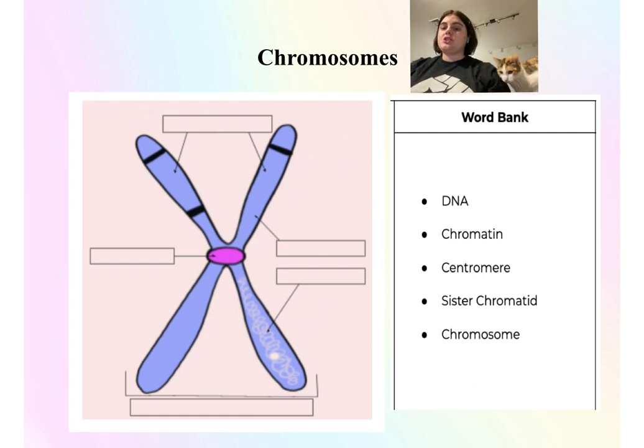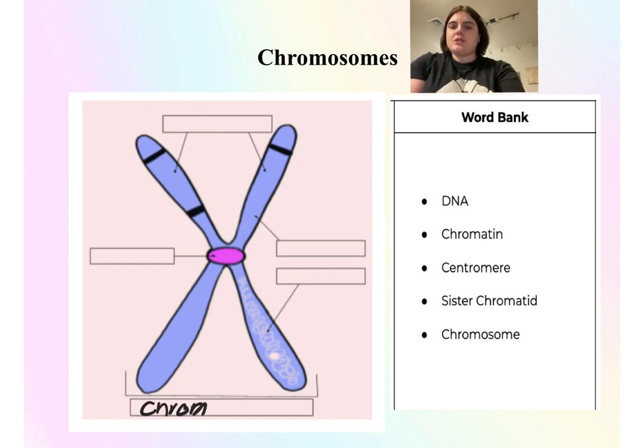All right, starting out, we're going to label the whole chromosome first. So the whole thing is a chromosome. Now, this little circle in the middle is called a centromere. That's going to be super important.